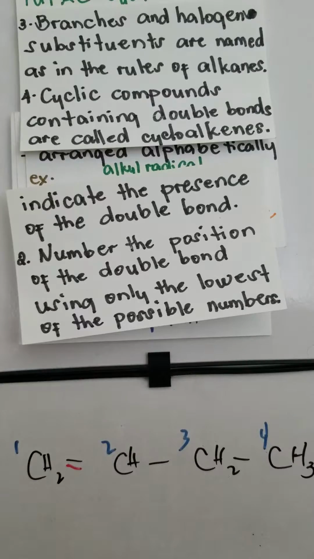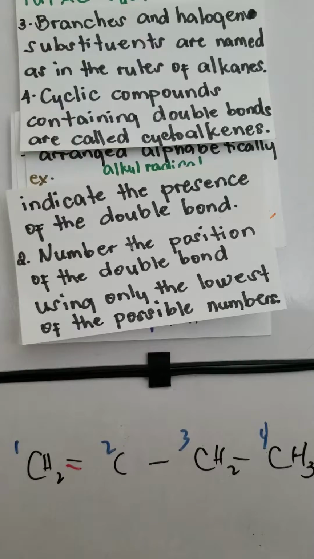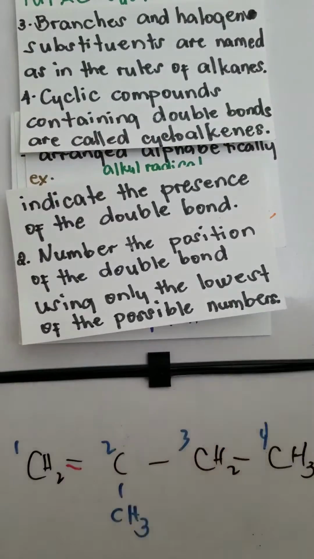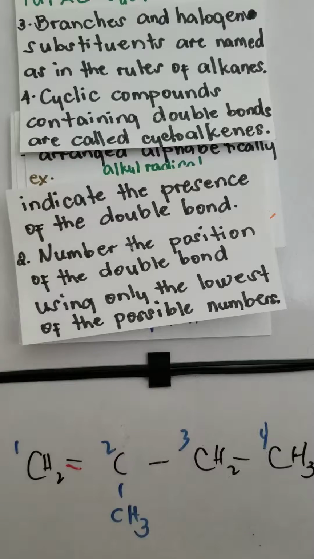We are going to put our branch here. Let us say our branch is the methyl group CH3. So how many bonds do you have here? 1, 2, 3, 4. So that's only C there. So, in the rules of the alkane, how do we name the structure now under the third rule of the IUPAC system of nomenclature for the alkene unsaturated hydrocarbon compound? Let us name the structure.